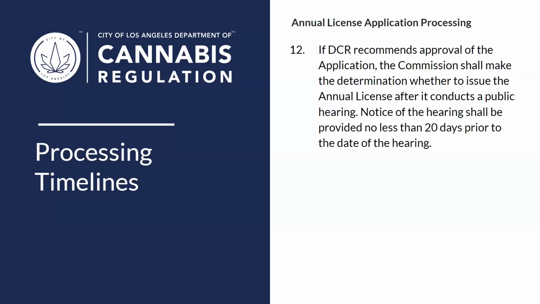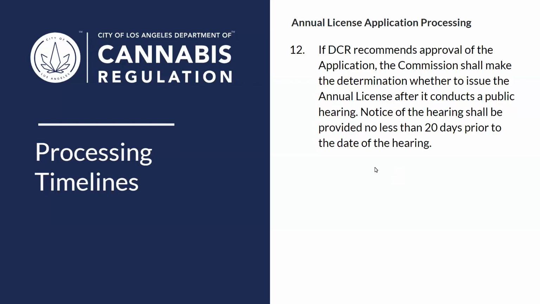And as we start getting into them hearing these application records and the DCR staff reports, we will get into a cadence where records that are deemed complete and notice has been sent by date certain that have gone through the community meetings will be then scheduled for a specific hearing date that will allow for us to adhere to this 20-day notice requirement.